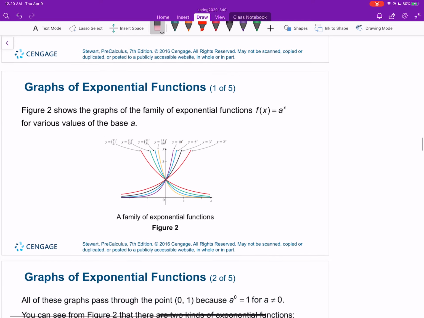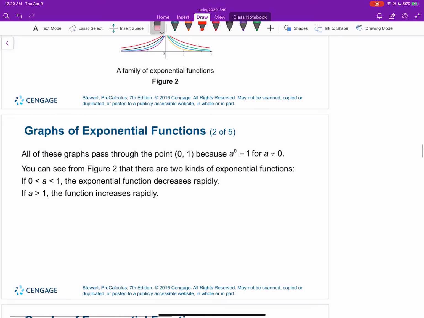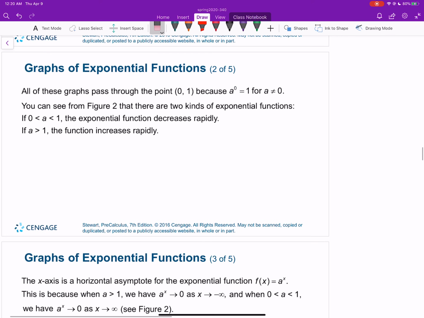Okay, let's see, what is this saying? There are two kinds of exponential functions. That's just what I explained over there. They're saying that if the base is between 0 and 1, you're always going to decrease rapidly, so you decrease from left to right. And if the base is greater than 1, then the function is going to increase rapidly from left to right. Okay.